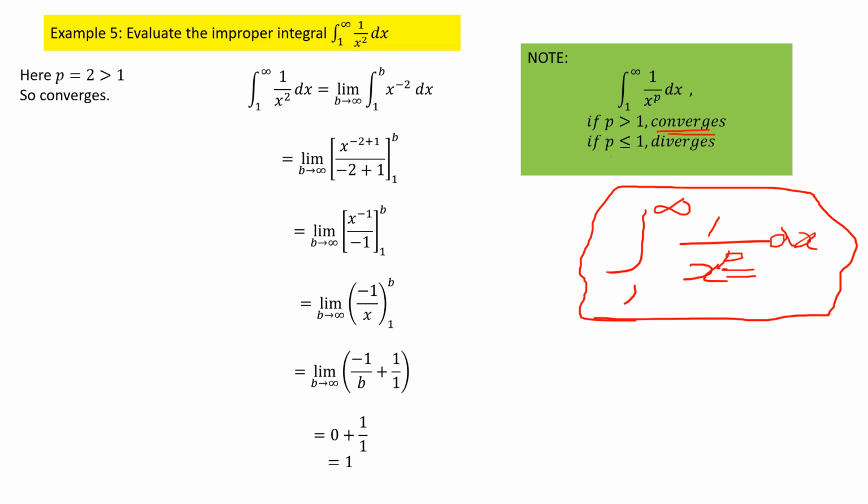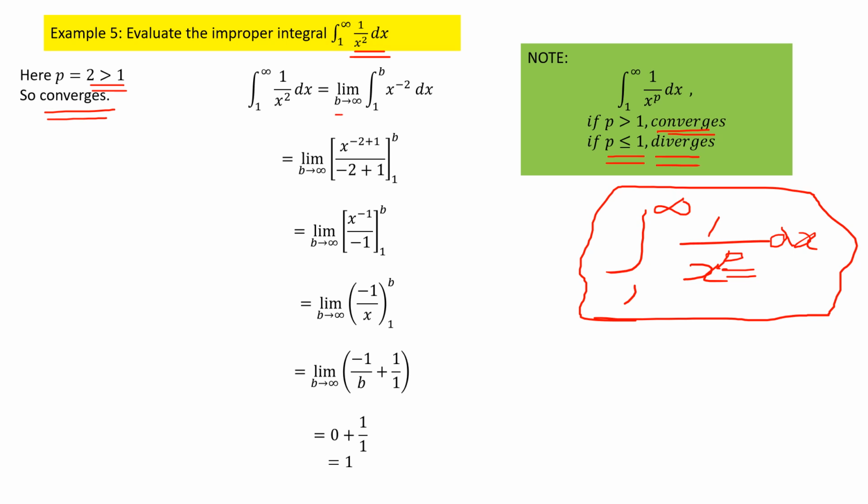If the p-value is equal to 1 or less than 1, then I can say this is divergent. For example, in this problem, I have x to the power 2. So here the p-value is 2, which is greater than 1. So before proceeding, I can simply say the problem is a convergent one. If I want to find the convergent value, then we have to do the previous method.